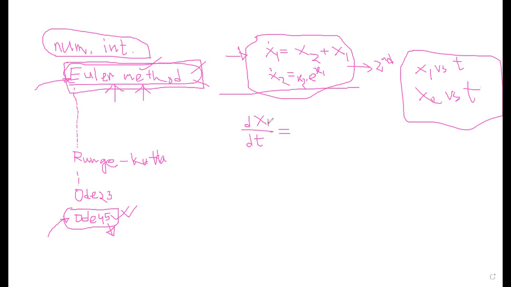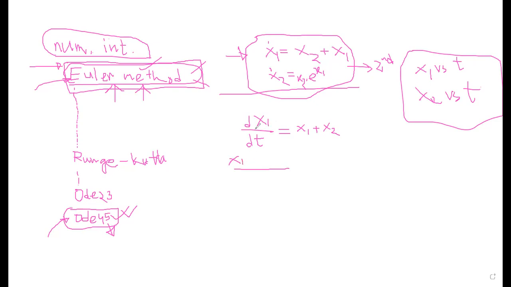Let's say we take the first one here, that is x1 plus x2. So this is dx1 over dt, that is x1 plus x2. If I follow this method, I simply take this dx1 over dt as this, and I can write it with the help of some indexing.